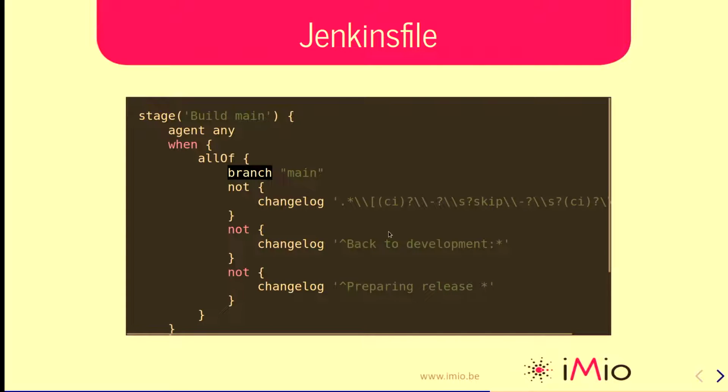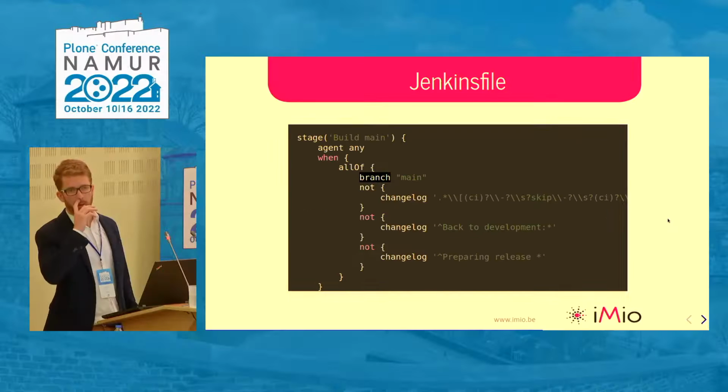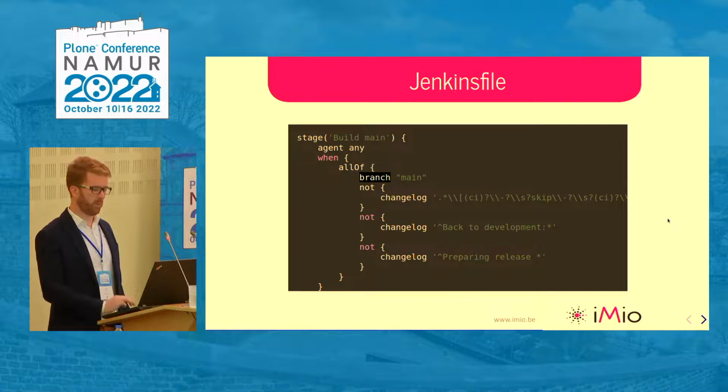I check if there is no CI skip in the changelog commit and in the last commit message. As you know, when you make a release with fullrelease from zest.releaser, the commit message is always back to development or prepare release. So we skip that also, because we don't want to build a new image when you make a full release.